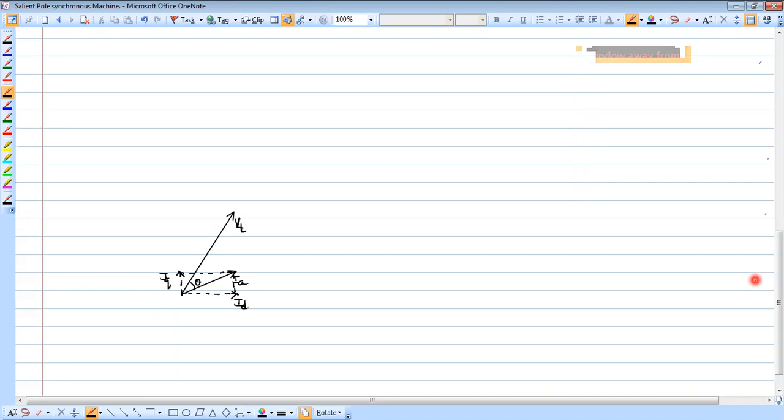So here, the drop due to the armature winding resistance is also resolved into two components. The first one is Id Ra, and this becomes Iq Ra.